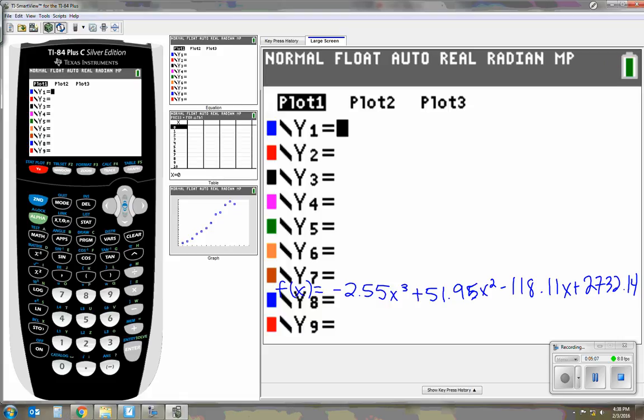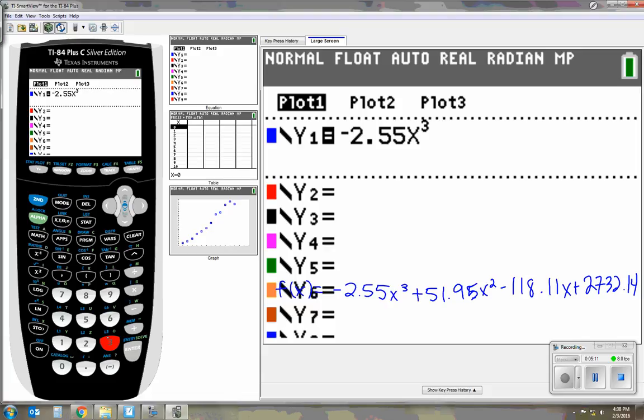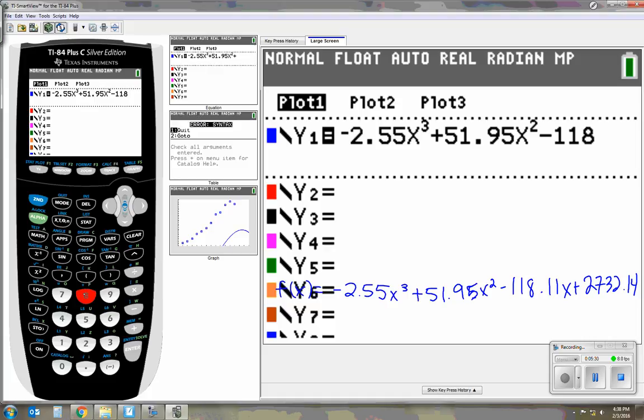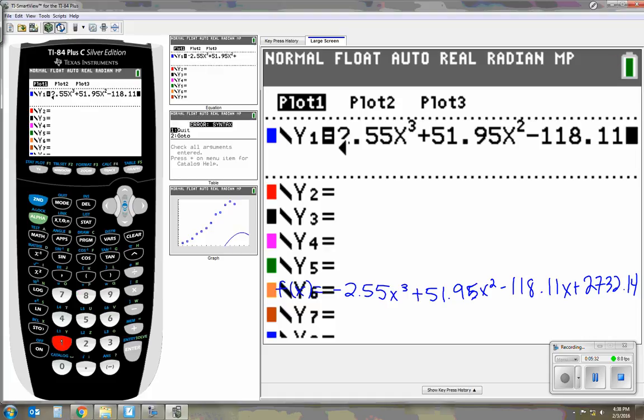We're going to go to our y equals and plug it in. So it's negative 2.55x cubed plus 51.95x squared minus 118.11x plus 2,732.14.